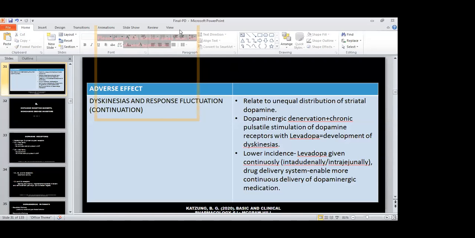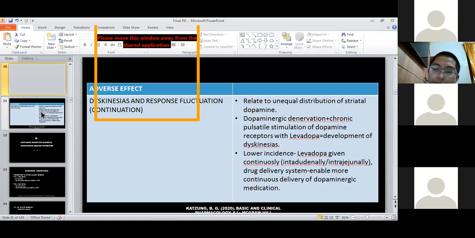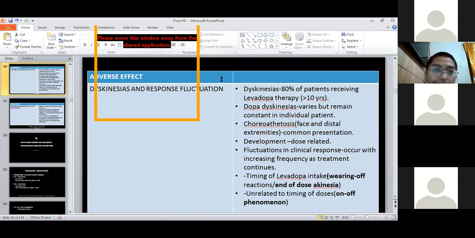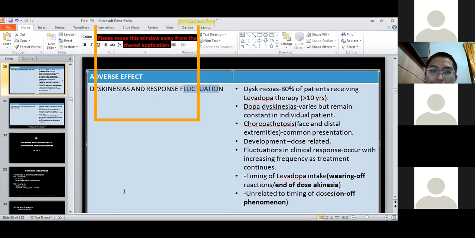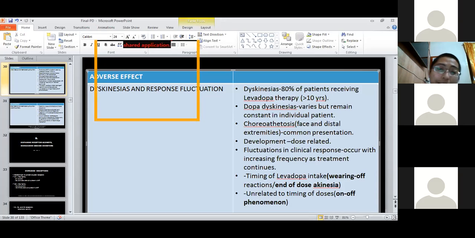Anyone? Gastrointestinal effects. You're correct, GI symptoms, but what specific symptoms are we talking about here? Anyone? It is nausea and vomiting, correct?